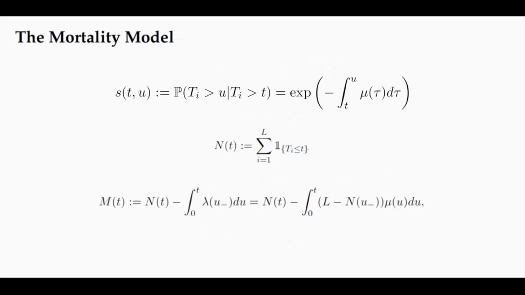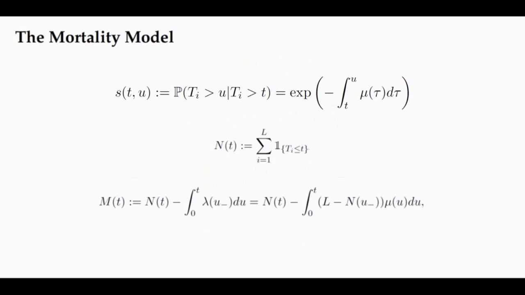So the mortality model is such that we have a deterministic mortality model where the surviving probability from time t to time u is given by this exponential of the integral of the force of mortality process. So we consider a portfolio consisting of a number L of lives.